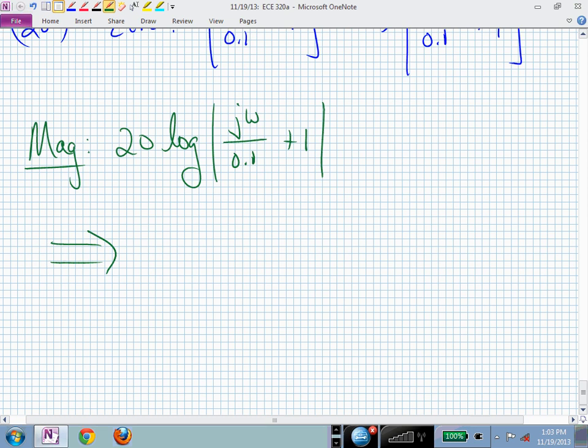If I set omega equal to 0, extremely small, what's the argument of the log? 1. So now I have log of 1. That's 0 dB, isn't it? So this factor is saying that I'm actually flat. For small frequencies, it's at 0 dB.